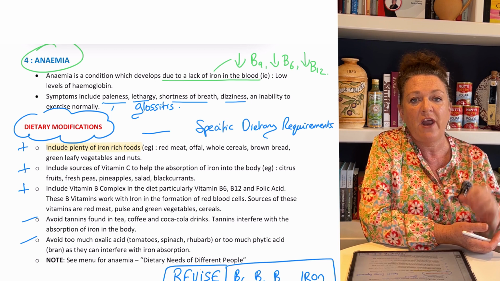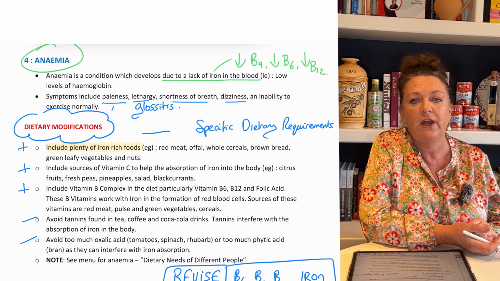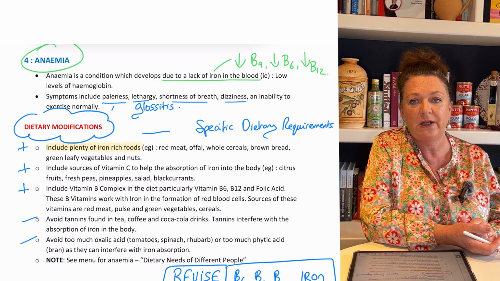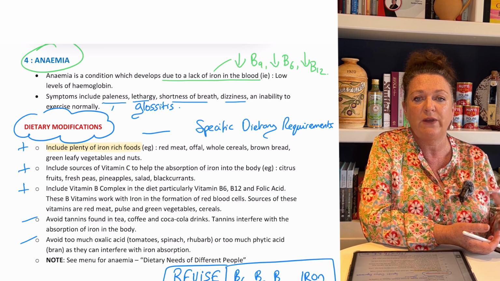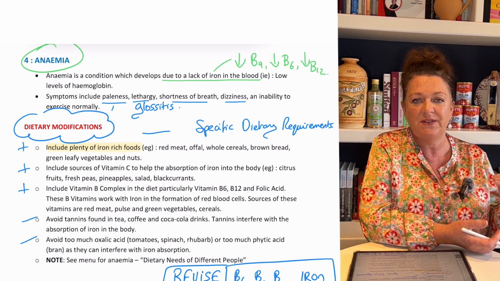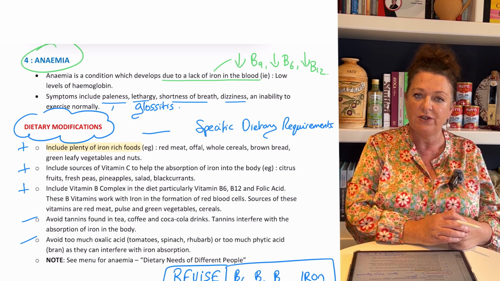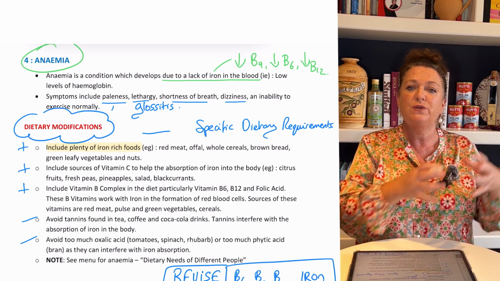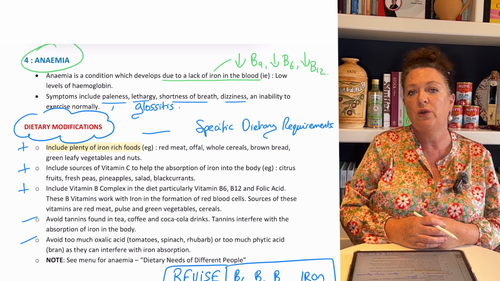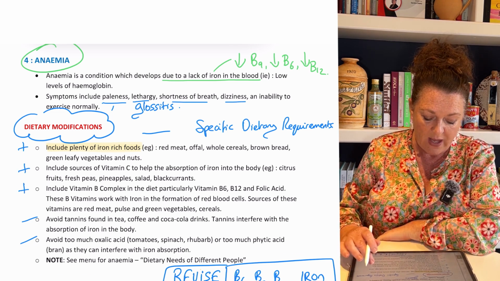If we're going to have non-heme iron or ferric sources of iron, remember that vitamin C must be included with nuts, with brown rice, with whole cereals, with dried fruit, with green leafy vegetables at the same meal, in order for the vitamin C to act as a reducing agent, removing one molecule of oxygen from the ferric iron to reduce it to ferrous iron, which is the only way that the body can absorb iron in our intestine.